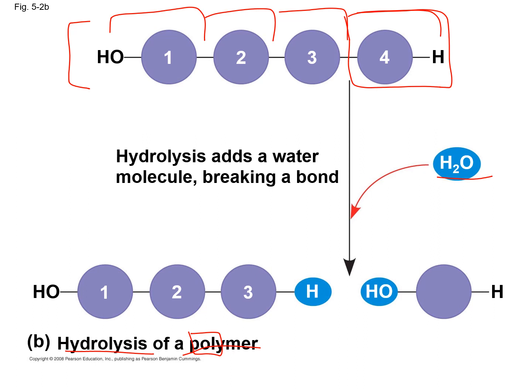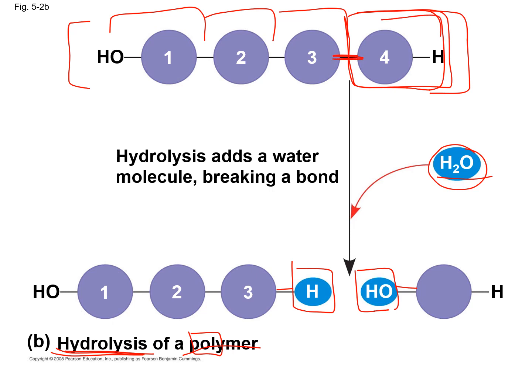We say hydrolysis is water splitting because this molecule of water is going to split, I'm using quotation marks, into its two components, the hydrogen and the OH, and these are going to make up the covalent bond that was broken during hydrolysis. What is basically happening is that you have this polymer where you have these similar subunits held together by covalent bonds.